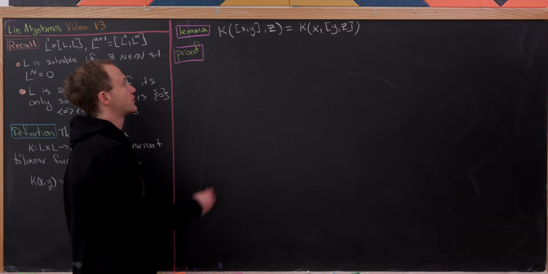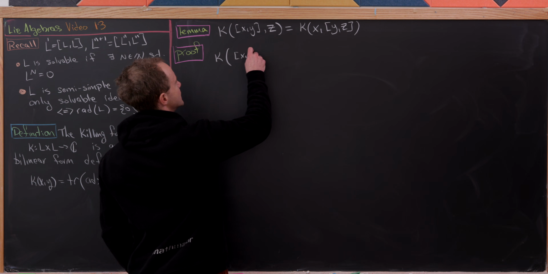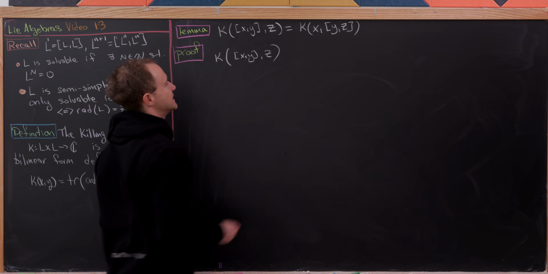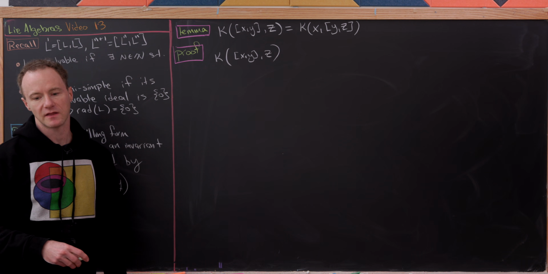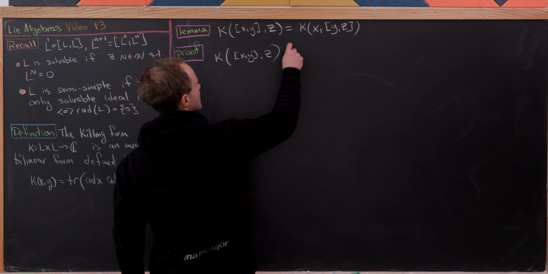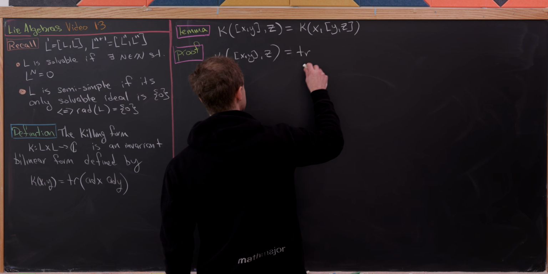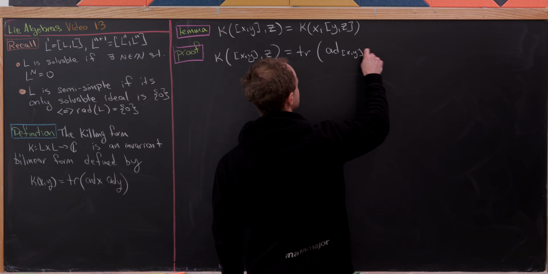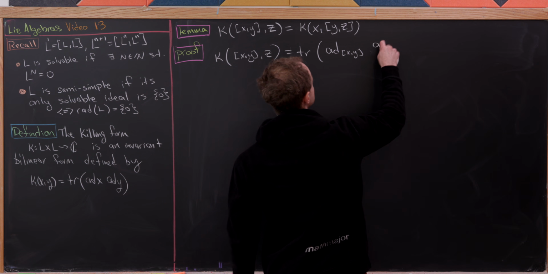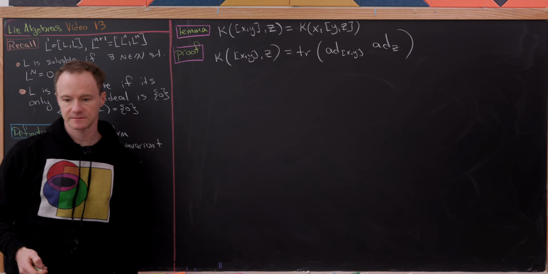Okay, so this is a pretty straightforward calculation where we simply use the definition of this killing form along with some things that we've proven in the past. So here we'll have that this is equal to the trace of ad of bracket xy times ad of z. Okay, nice.